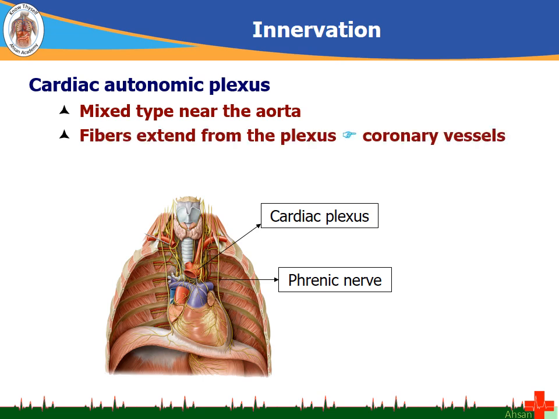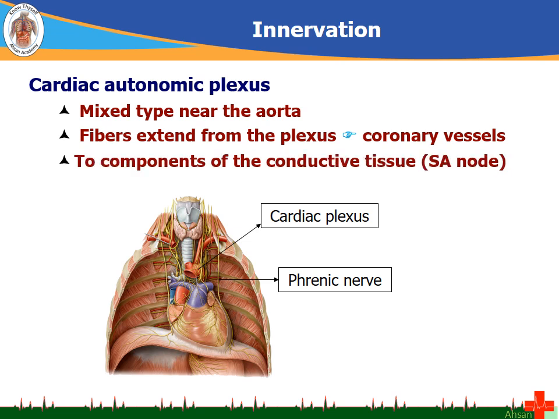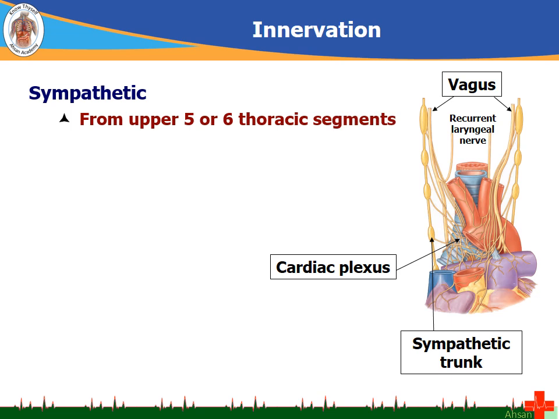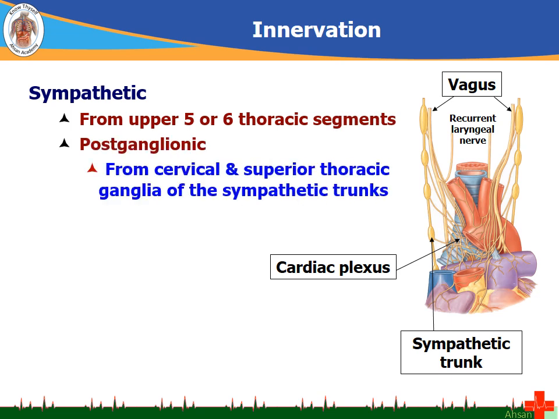The fibers from this cardiac plexus are distributed to the heart with the coronary vessels, and mainly control the conductive tissues of the heart, and that part mainly includes the SA node. The sympathetic supply arises from the upper 5 or 6 thoracic segments, and the postganglionic fibers arise from the cervical and superior thoracic ganglia of the sympathetic trunk.